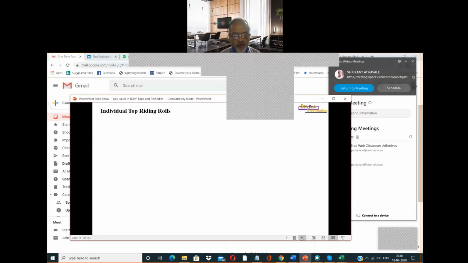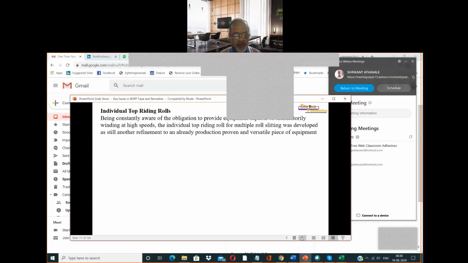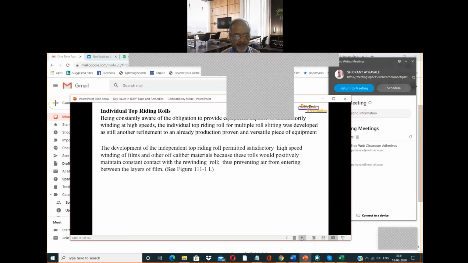Individual top riding rolls. Being constantly aware of obligations to provide equipment capable of satisfactory winding at high speed, the individual top riding rolls for multiple roll splitting was developed as still another refinement to an already production proven and versatile piece of equipment.